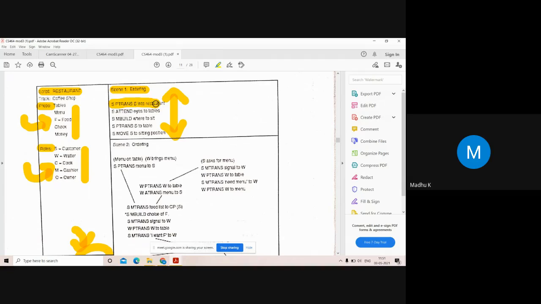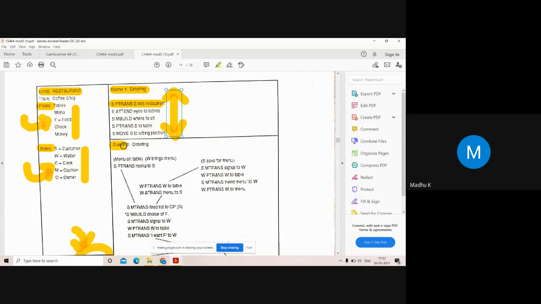This is represented in conceptual dependency format: S trans into restaurant, S entered into restaurant. These are the sequence of events after entering. So this is scene 1. Corresponding to scene 1, there will be a lot of actions. In a scene, there are different actions.